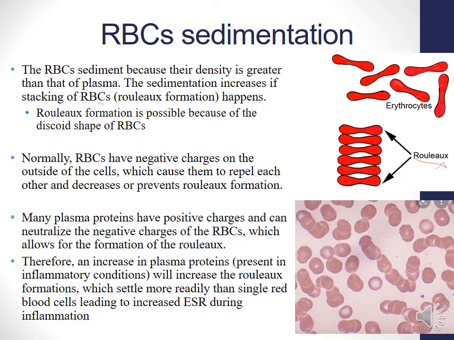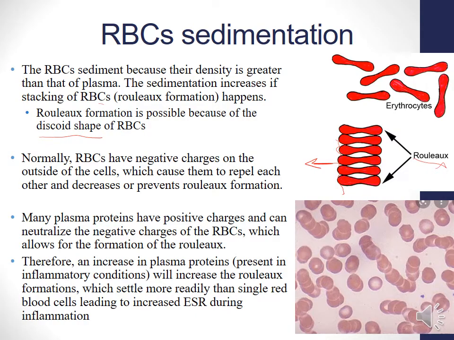And this happens because RBCs have discoid shape, and this enables them to stack on top of each other like this. Now, normally, in normal conditions, and because RBCs have negative charges on the outside of the cell due to the presence of the different types of proteins, RBCs repel each other and they don't stack like this on top of each other.